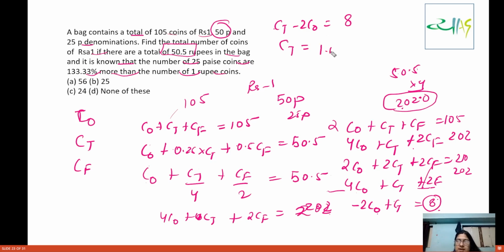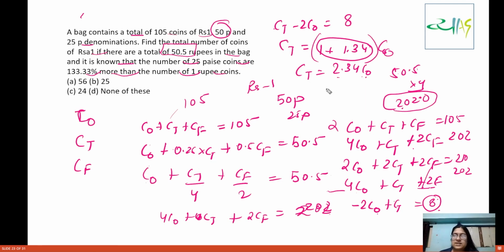So that means 1 plus 1.33 or 1.34 times, let us say, of this CO. So one plus this times of CO, that means 2.34 times more than CO. CT is equal to 2.34 times of CO.